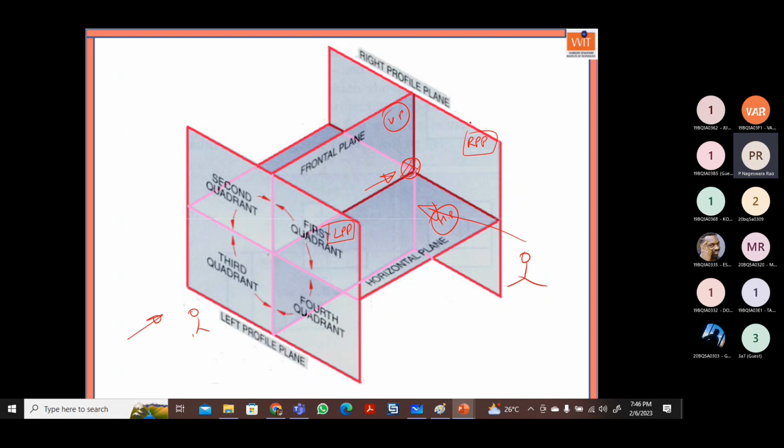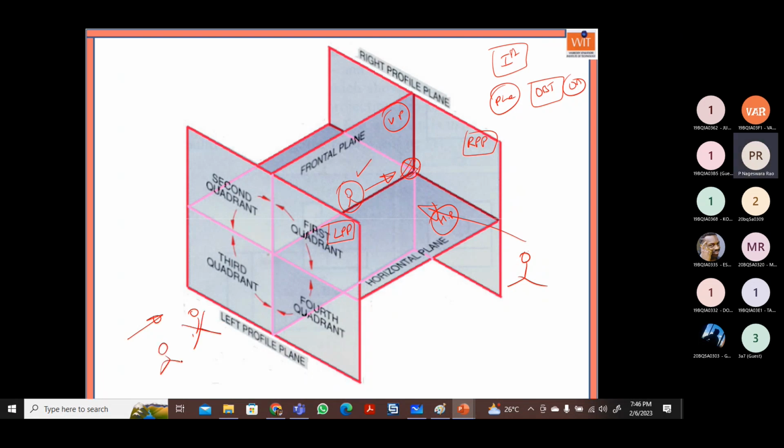But what we assumed in the first angle projection is that the object is in between the plane of projection and the observer. That is the reason. So when we are looking at the left side view, we are assuming that the observer will be here, not here.